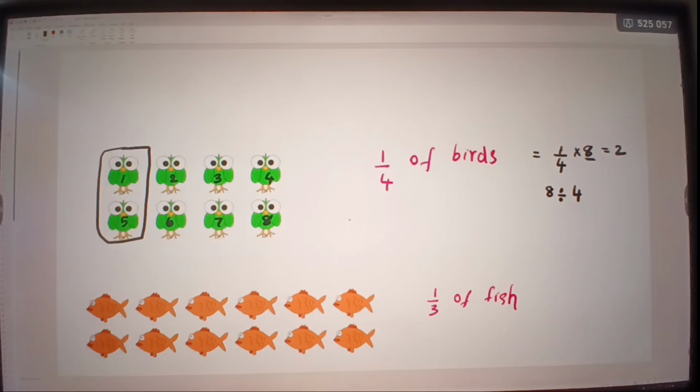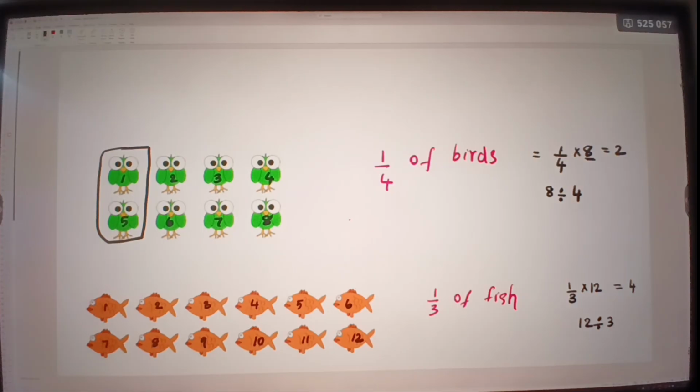Now look at this, you have to get 1/3 of fish. First you count the number of fishes. So total 12 fishes are there. You want to get 1/3 of fish. That means you want to do 1/3 times 12. For that you have to do 12 divided by 3. 12 divided by 3 is 4.